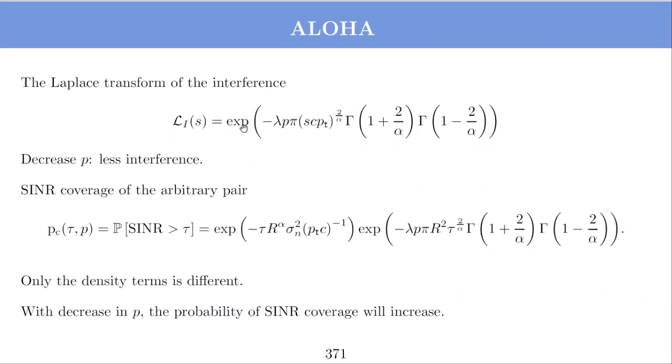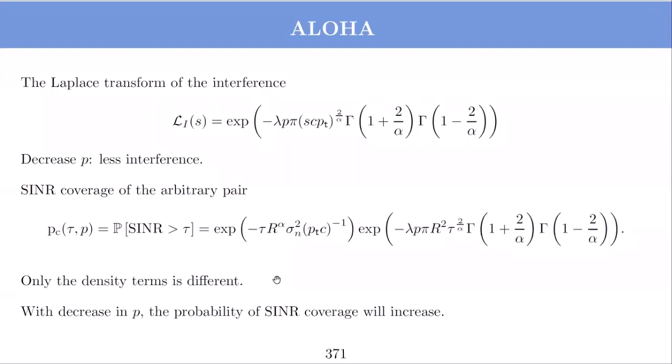And if I know the Laplace transform, then I can compute the SINR coverage, which is given by the exponential of this term because of noise, times the exponential of the Laplace transform evaluated at that coefficient. So I get this expression. Okay, so the expression is the same, only the density term is different. Instead of just lambda, now I have lambda p.